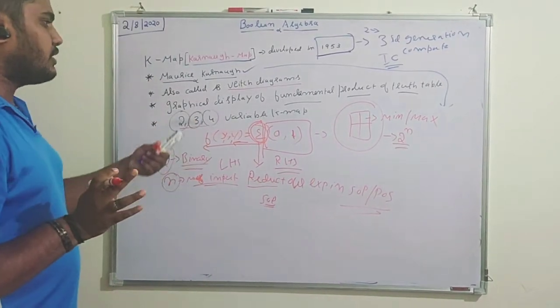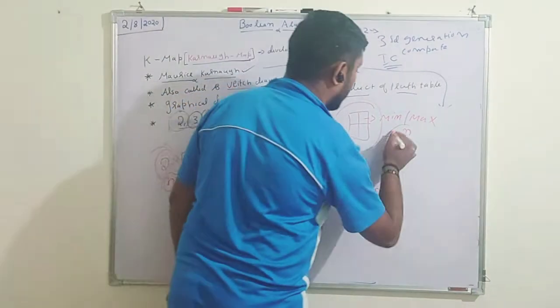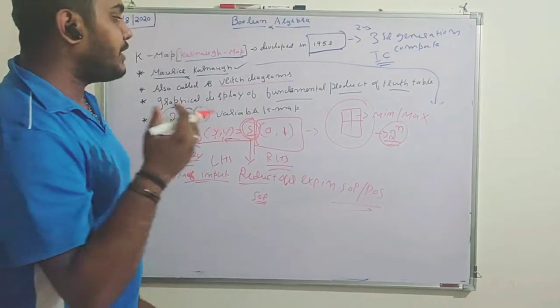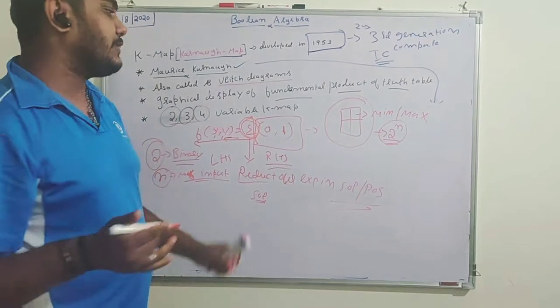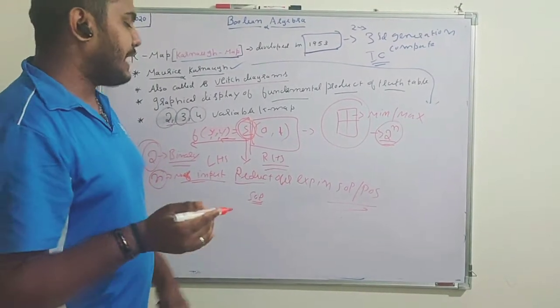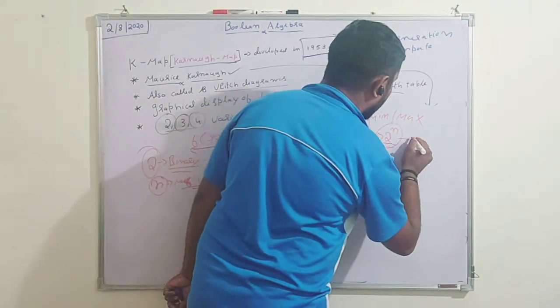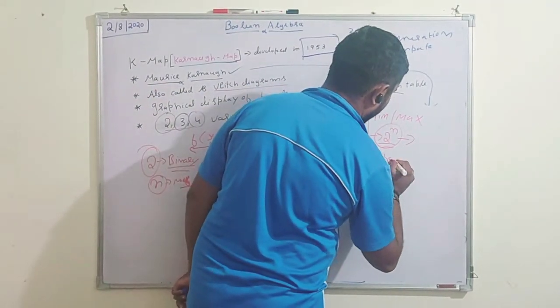So this is what the formula means. 2 to the power of n means whenever we draw a K-map, we require a certain number of squares. How do we draw a rectangle without knowing anything? We draw a rectangle using this formula.